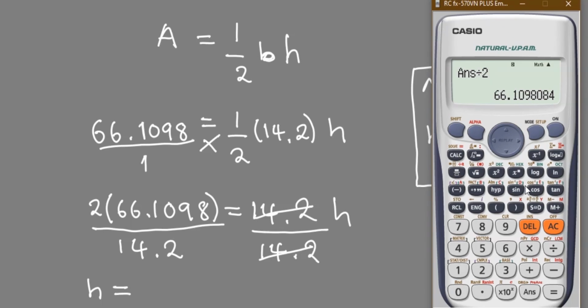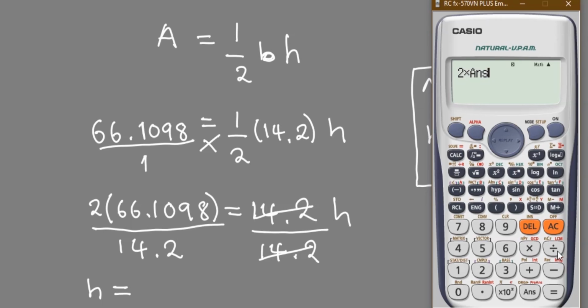So we're going to get 2 and multiply it with our earlier answer. As you can see, there's a 2 here multiplied by 66.1098. Our answer has more values, so if we use that more accurate value, we will be more accurate.